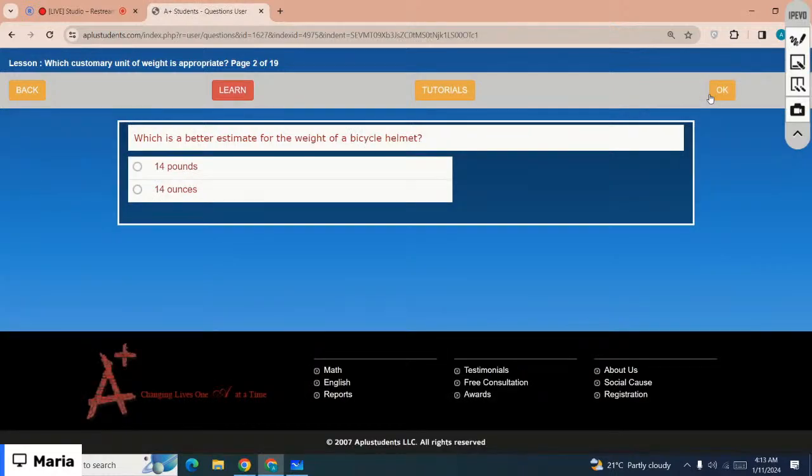Which is the better estimate for the weight of a bicycle helmet? 14 pounds or 14 ounces? Which is the correct option?